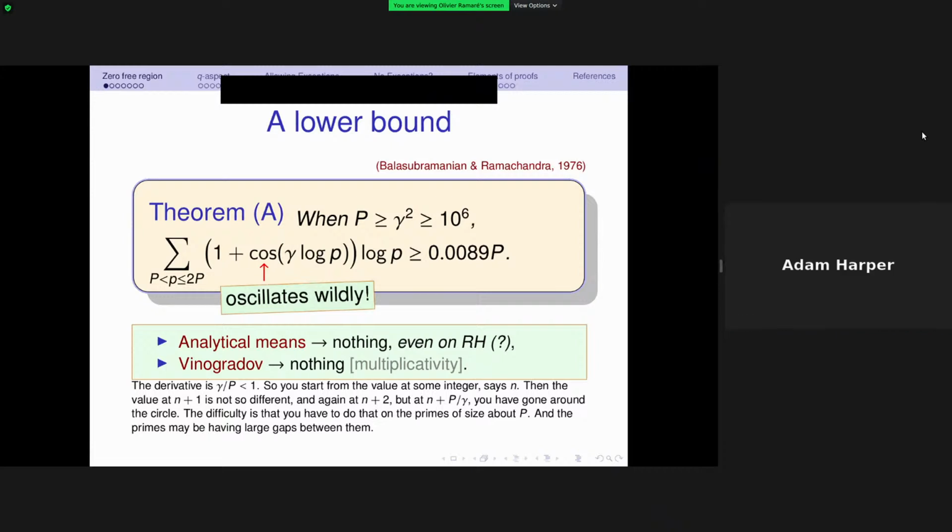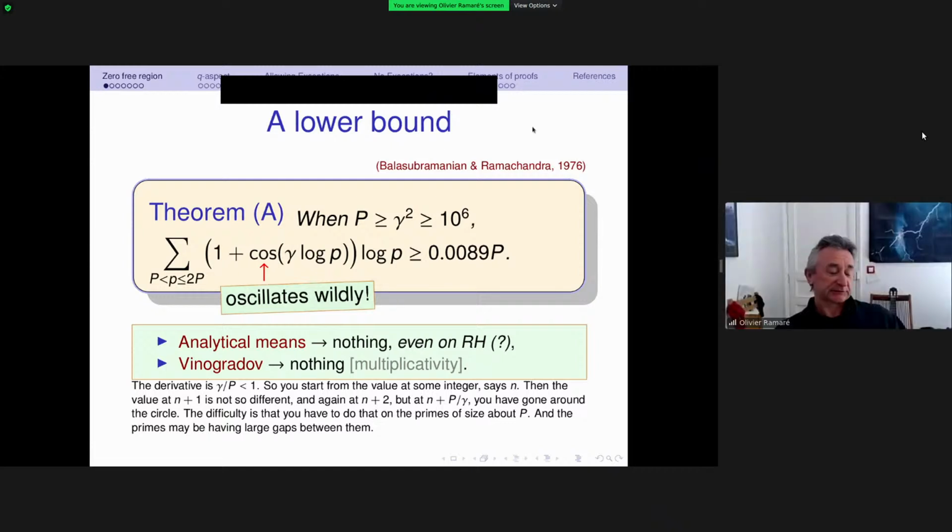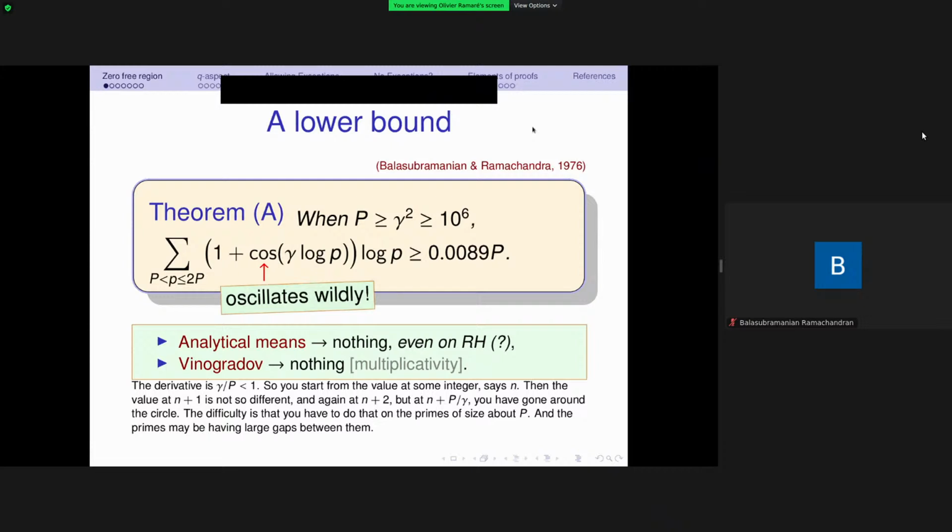But you said that a way of approaching it would be to split the primes into intervals of length something like square root p, if gamma squared is p, let's say, and try to understand the number of primes there. And that certainly you couldn't do, even assuming RH, if you fixed an interval of length square root p. But you're using the collection of intervals from the very beginning. Yes, exactly. So you don't just have a single interval here, you have a lot of intervals covering p.